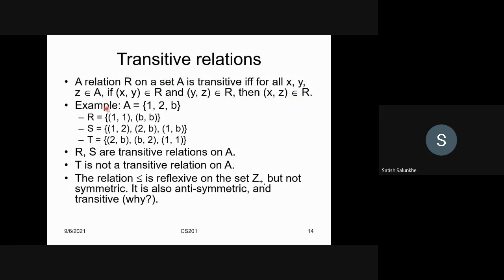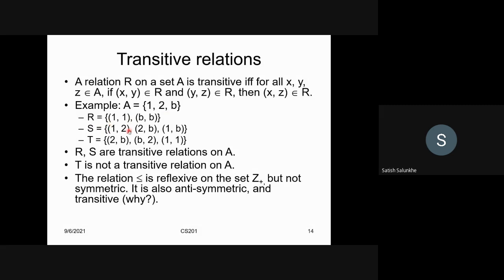For example, 1 comma 1 belongs to R, this is x comma y. Similarly, y comma z, 1 comma 1 belongs to R, so x comma z, 1 comma 1 belongs to R. So this is satisfied. B comma B, B comma B, so B comma B, satisfied. So this is transitivity.